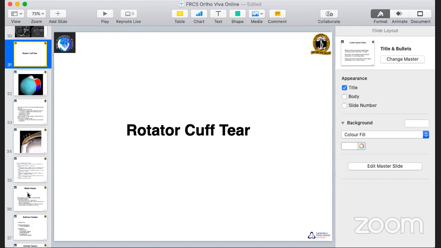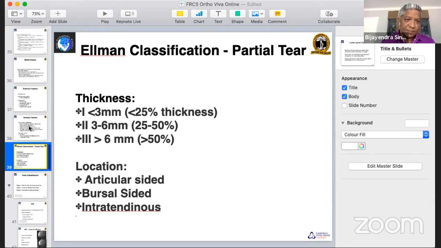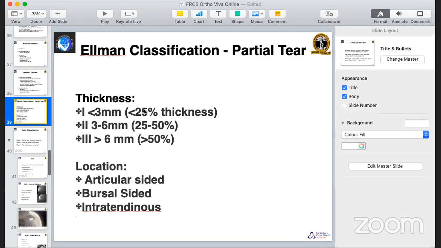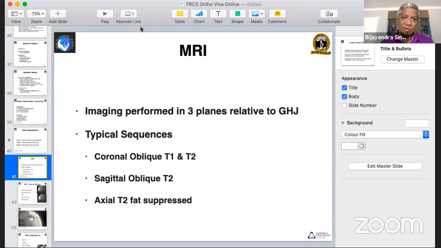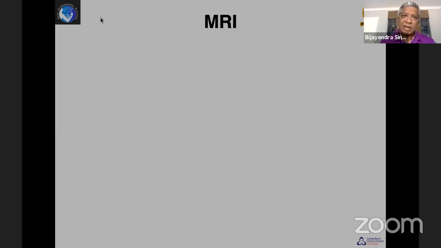We can start from the Patte classification, that's fine, we can just have a recap, not an issue. Okay, let's go to the MR. Now it's showing MRI, but it's saying sharing is paused. Bring your shared window to the front.